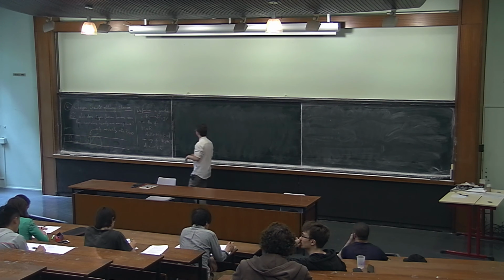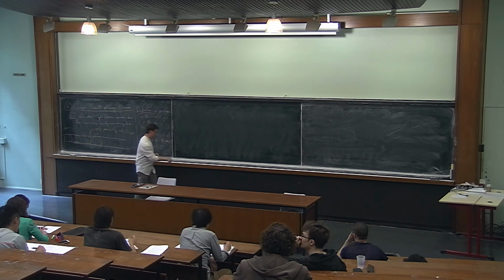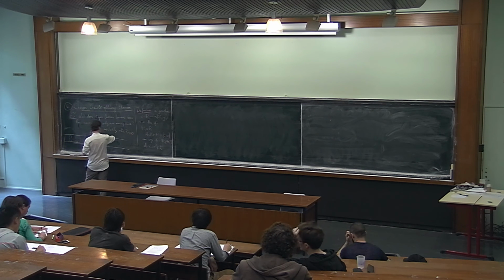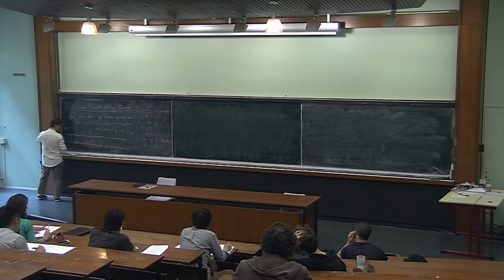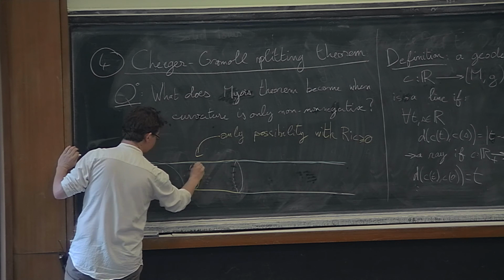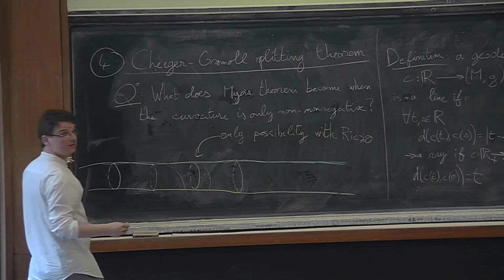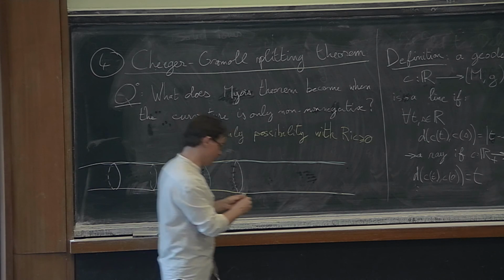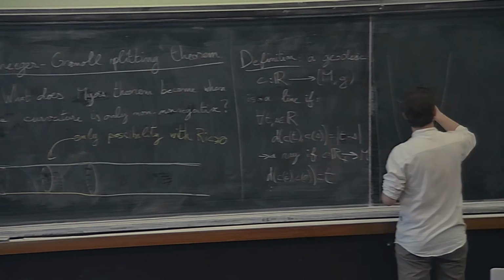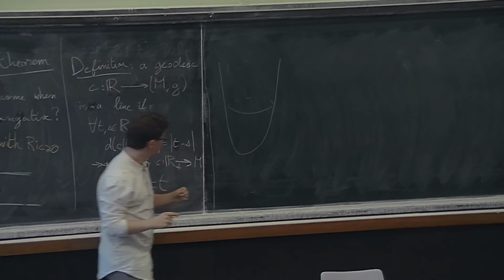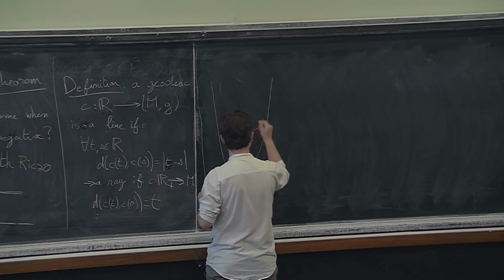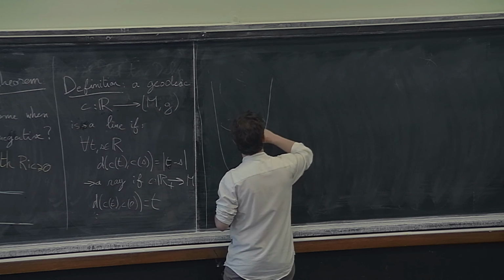Maybe some pictures. So here, this is at the same time a line and a ray. Any geodesic that wiggles around like that will be neither a line nor a ray, because it will stop being minimizing. If I take some kind of surface like that, you can find rays, more or less. They will look like that.